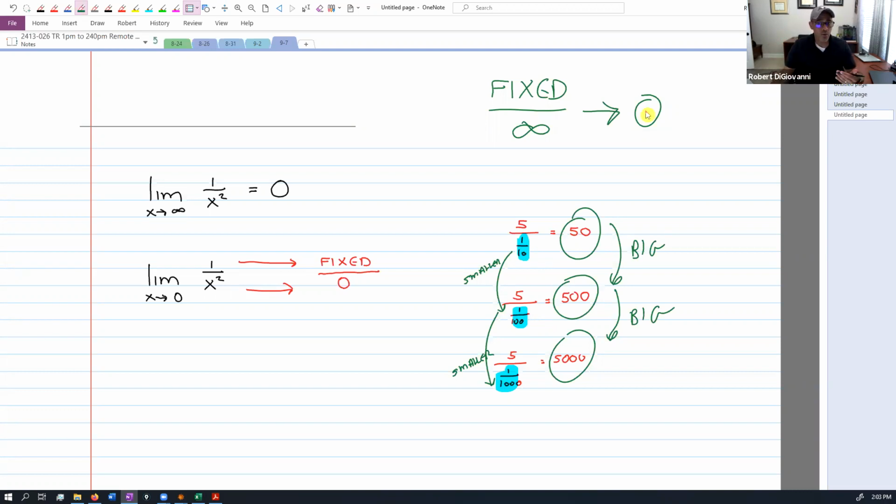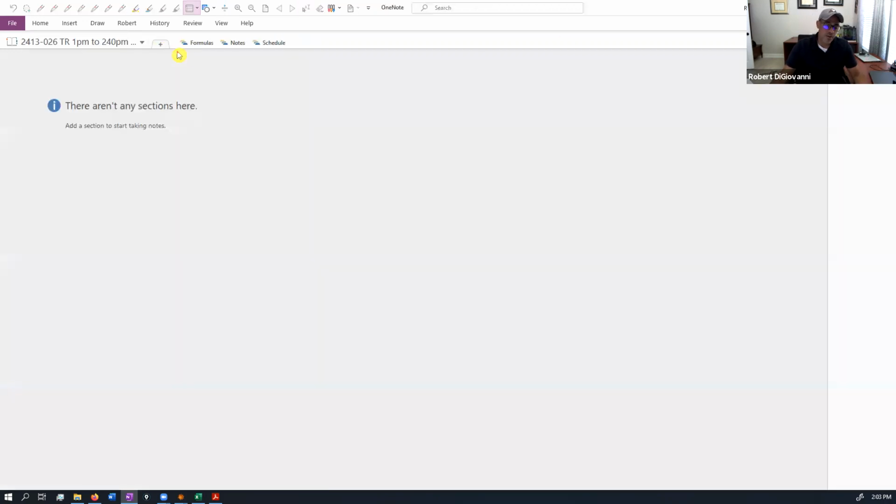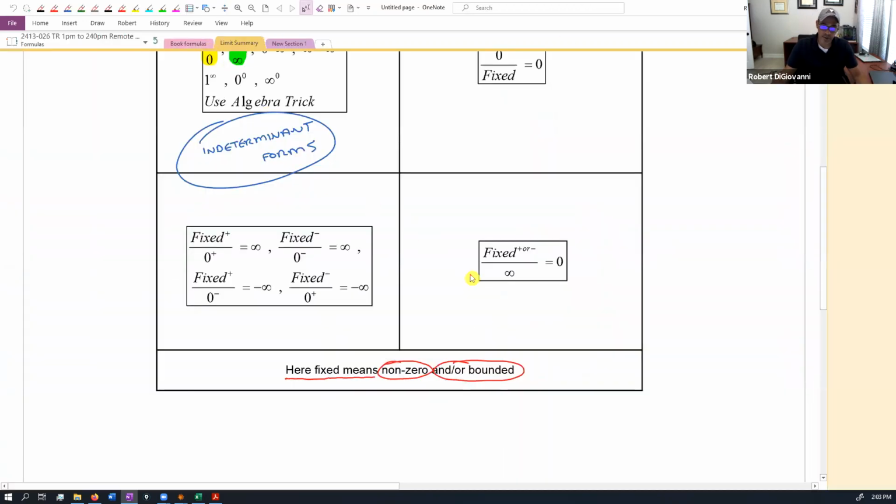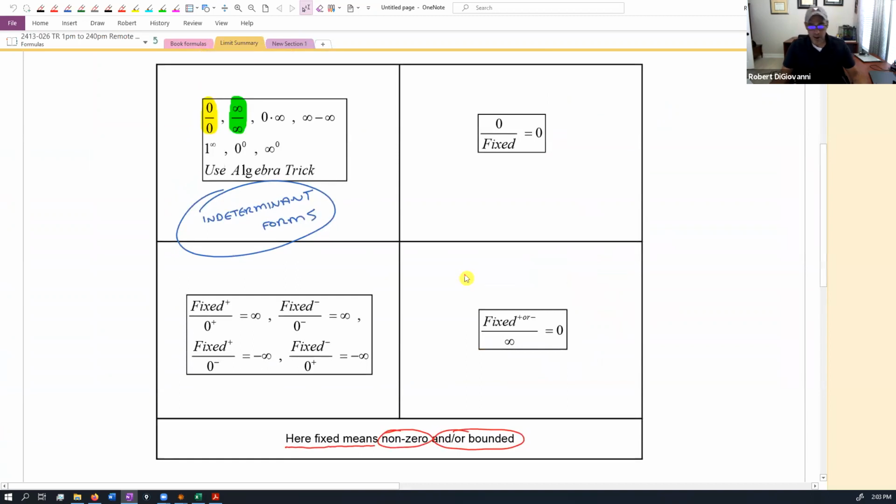So we have to pay a little more attention to it, which is why on your formulas, this limit summary, we have now talked about, let me see, I'm going to highlight everything that we've done. We have talked about 0 over 0, infinity over infinity. We actually just talked about infinity minus infinity, because I just factored, remember?